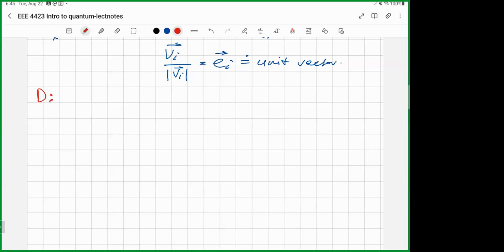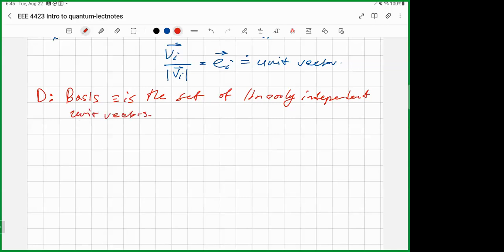So, definition: a basis is nothing but the set of linearly independent unit vectors.